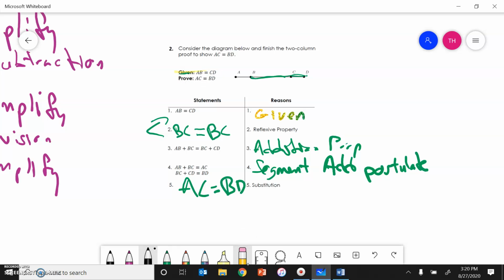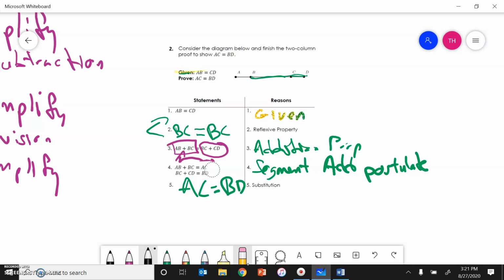Well, if AC equals AB plus BC, and AB plus BC also equals BC plus CD, what they're doing is substituting.